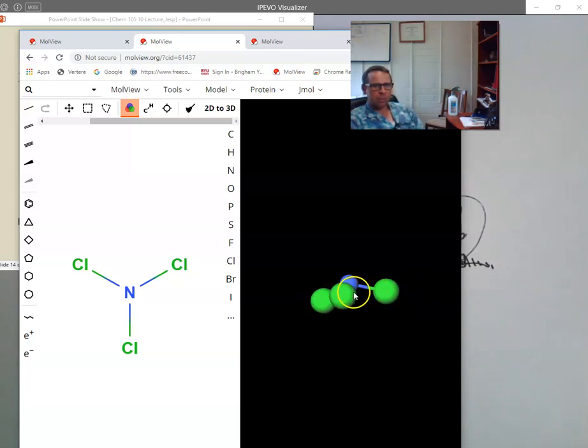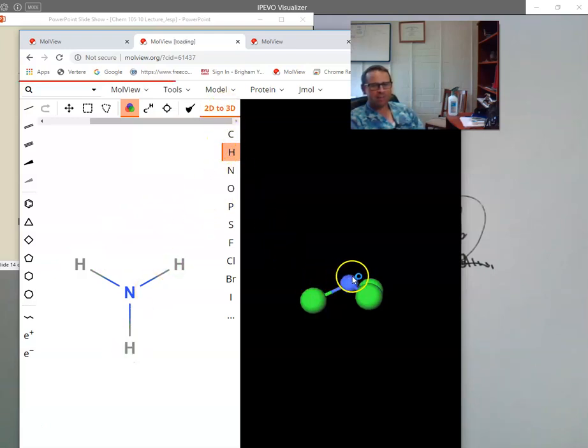And so what we call this is trigonal pyramid. It's kind of a shallow pyramid, but can you see how it's a trigonal pyramid? Yes. Okay. This might help a little bit.